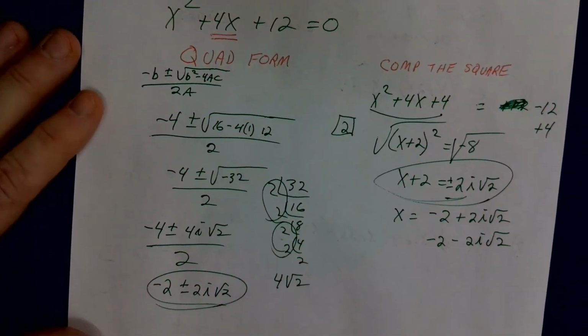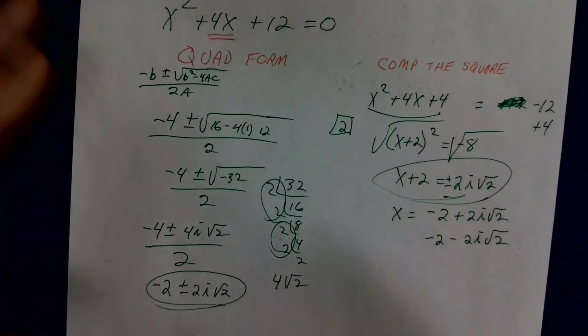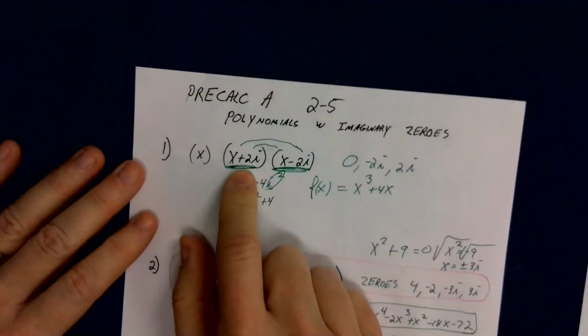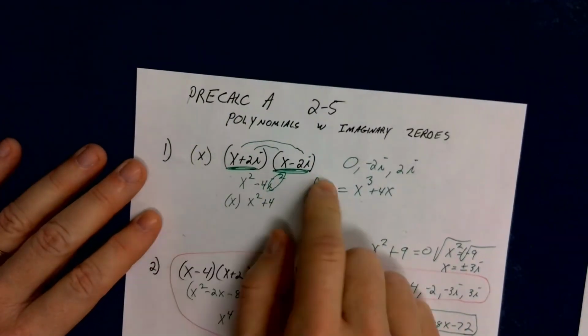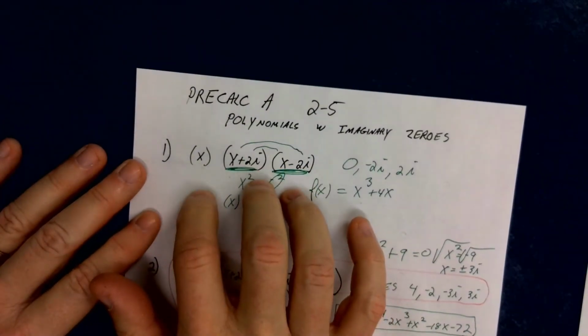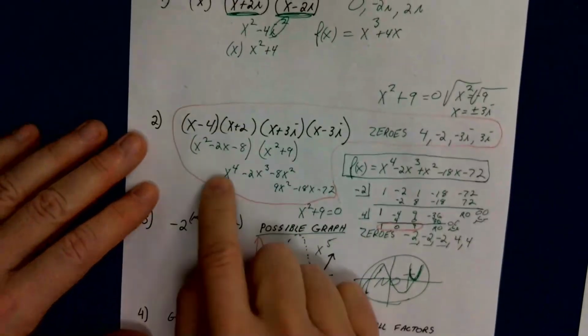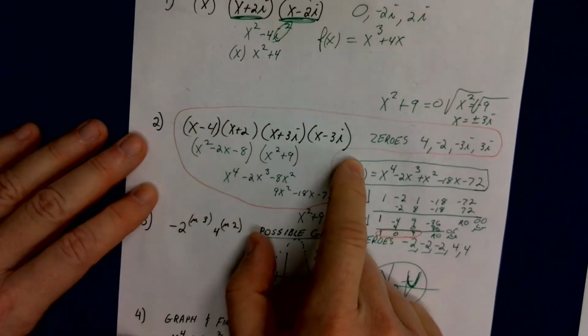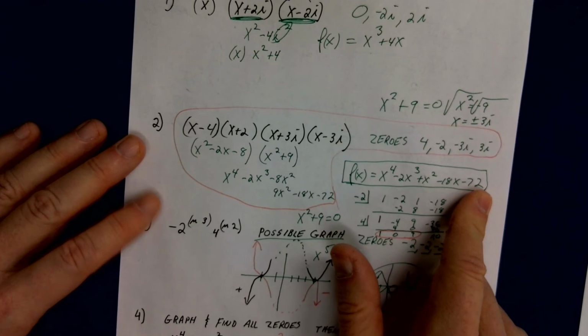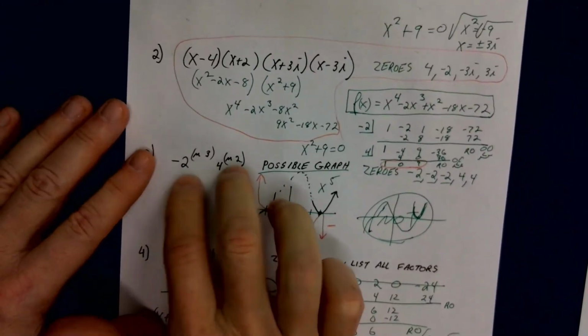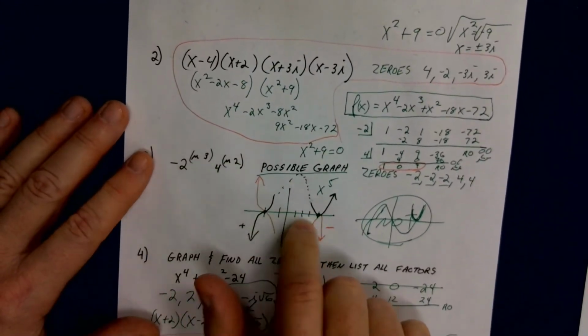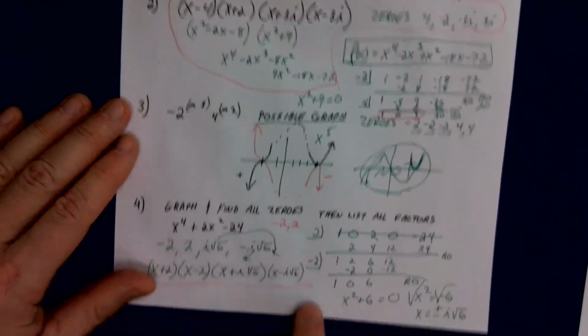So hopefully that was beneficial for you in terms of how to be able to get this stuff. Again, this is the beginning part of 2-5, being able to create a polynomial given 3 factors. Given multiple factors, can I write out the polynomial? Can I look at what potential graphs are going to look like if I know that I have multiplicities?